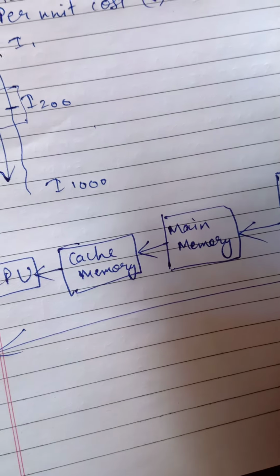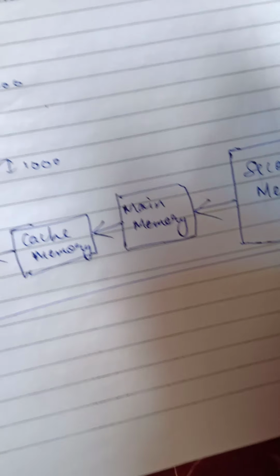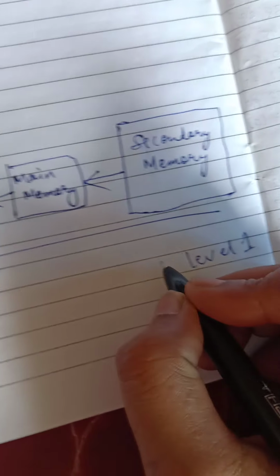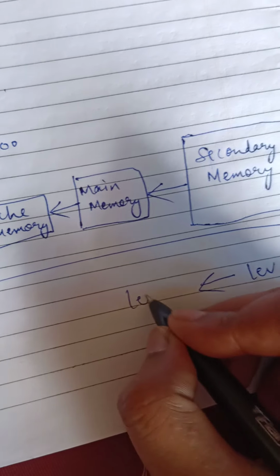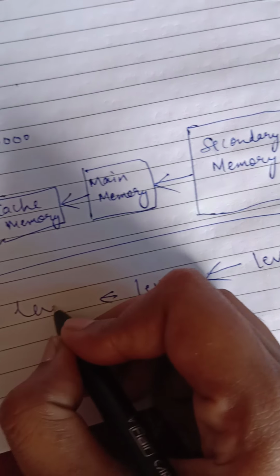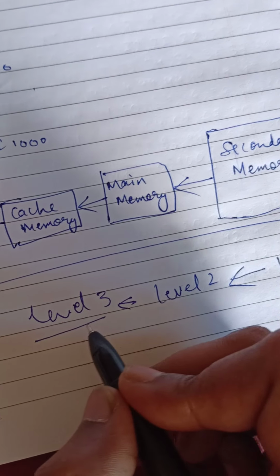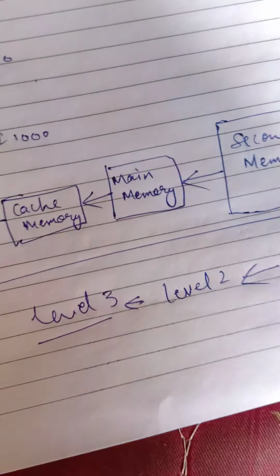Normally, cache level 1, cache level 2, and cache level 3. Level 3 is the fastest memory available under cache memory.